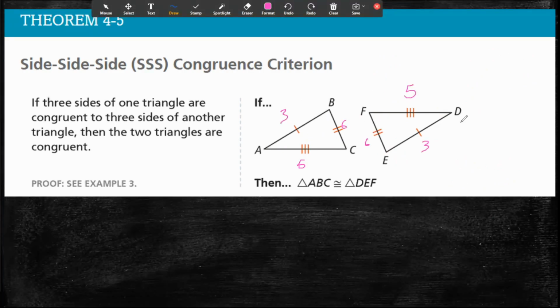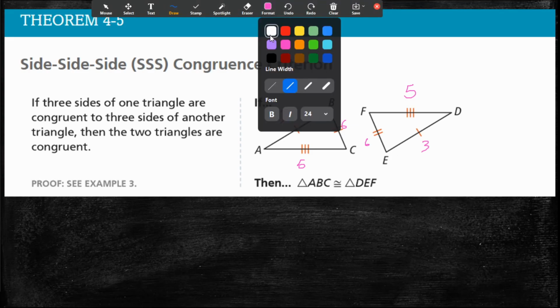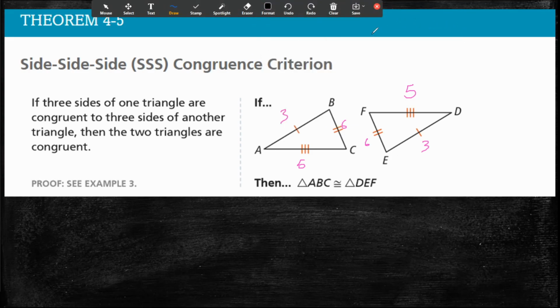Let's try looking at this with numbers, and I think it's even easier with numbers. What I'm going to do, just to have kind of a graphic organizer here, is I'm going to write the number of marks. I'm going to put 1, 2, 3. And then I'm going to have triangle ABC and DEF. And what I want to say is, on triangle ABC, when I have one mark, what is the side length?